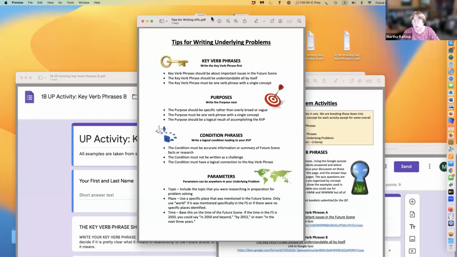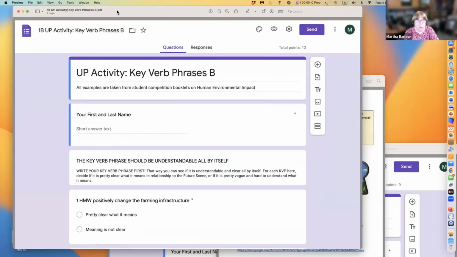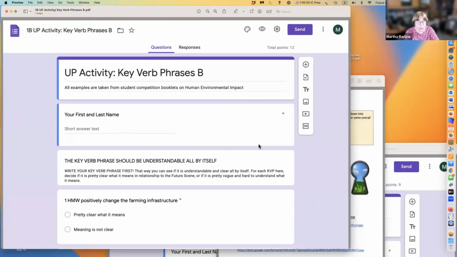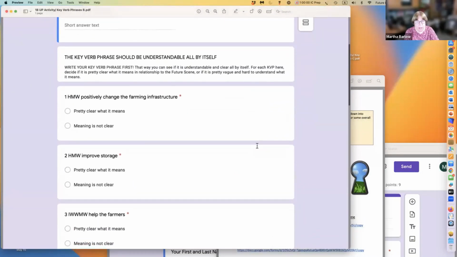So maybe we should work on that. And you would be welcome to just use these. Of course, once you've copied it, you can use a different future scene and change all of these things. It's a lot of work to think of them if you don't have student booklets to pull them all out of, because that's what we did.